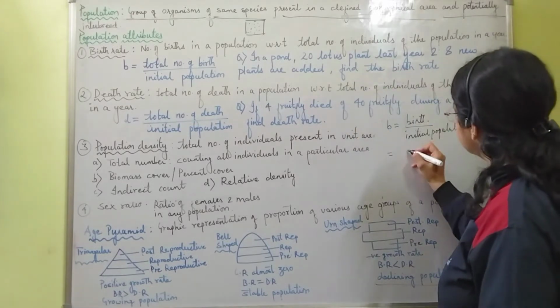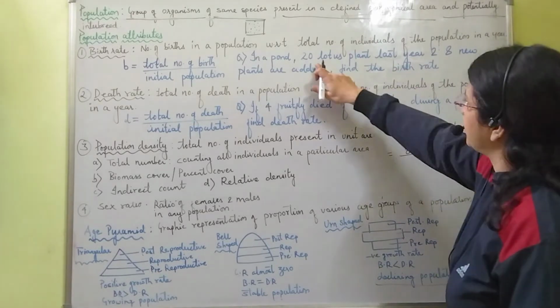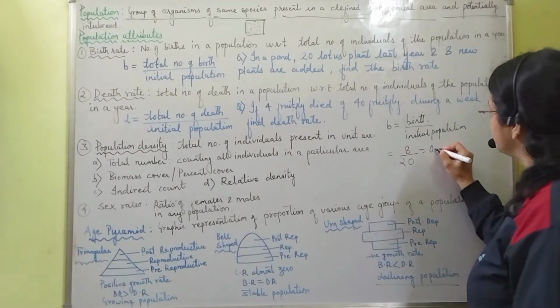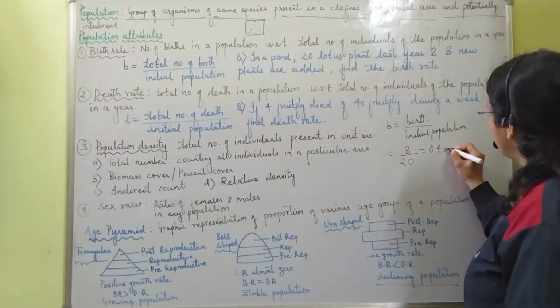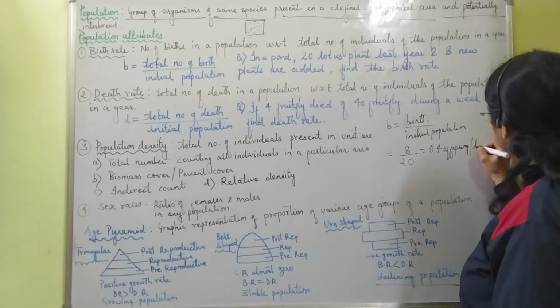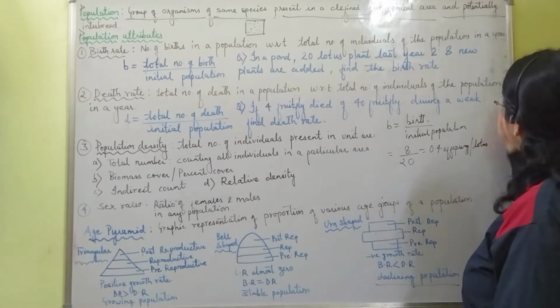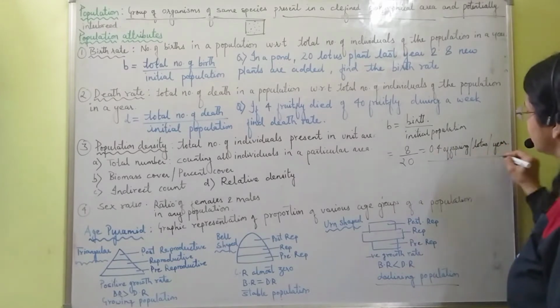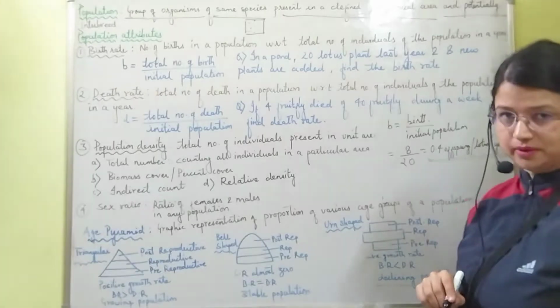It is 8. 8 divided by the initial population, which was 20. The answer will be 0.4 offspring per lotus per year. So this will be the answer. This will be the birth rate.